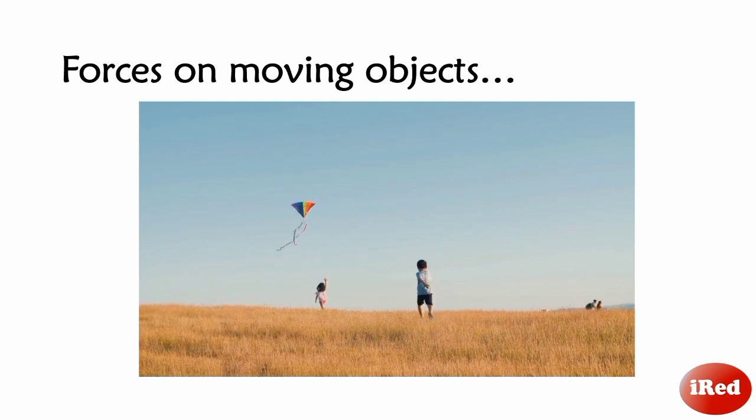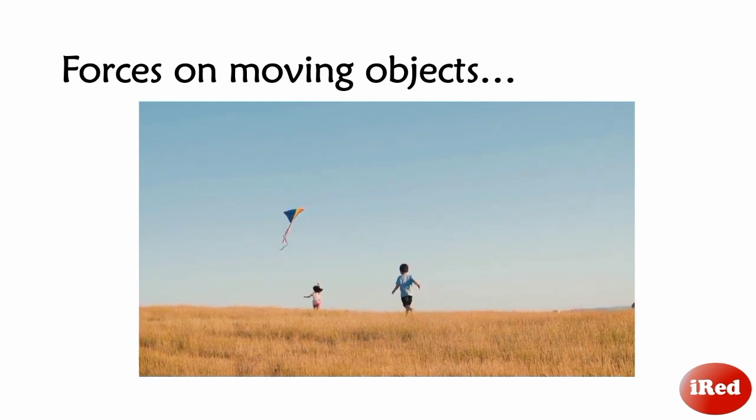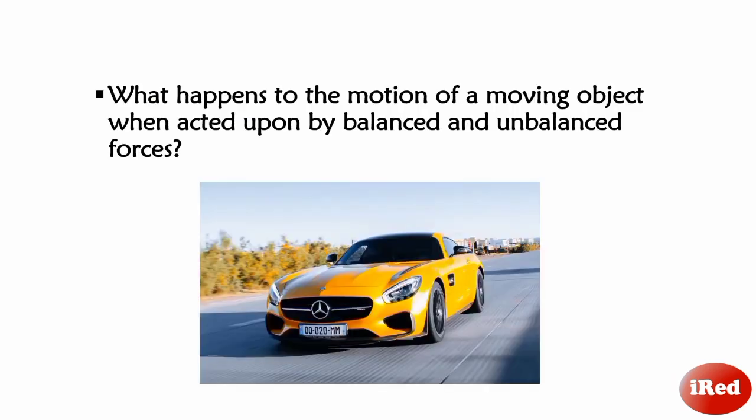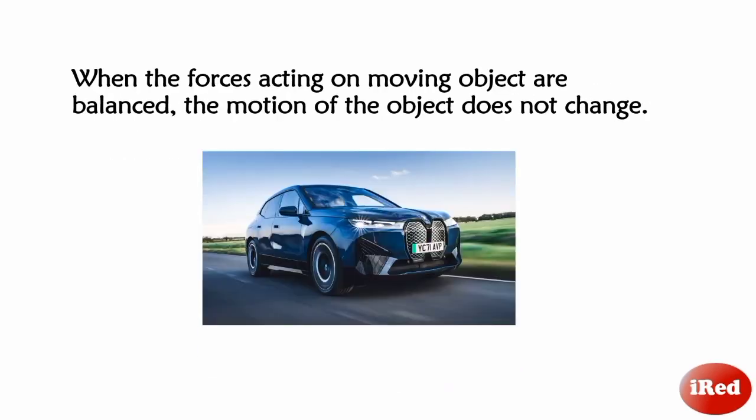Now let's consider the forces on moving objects. What happens when a moving object is acted upon by balanced and unbalanced forces? When the forces acting on a moving object are balanced, the motion of the object does not change.